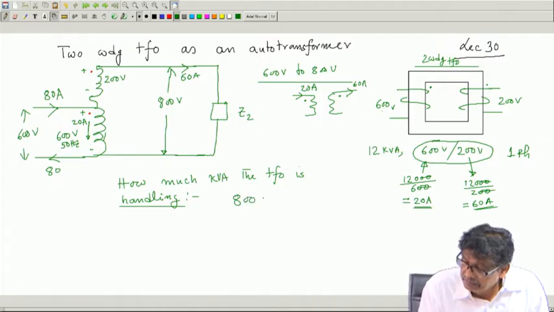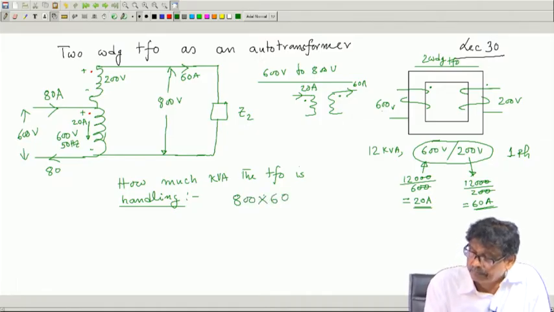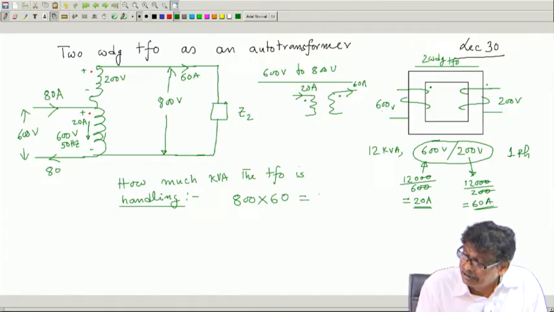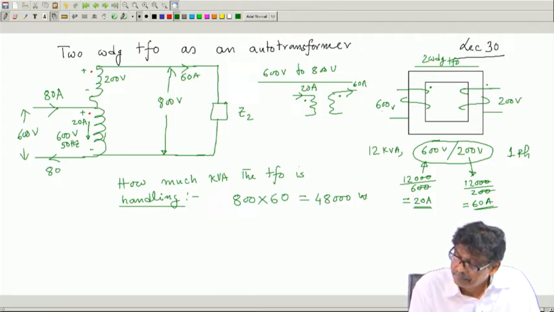800 into 60, and that is 48,000 watt, that is kVA.